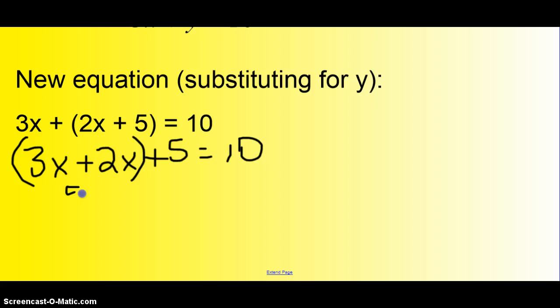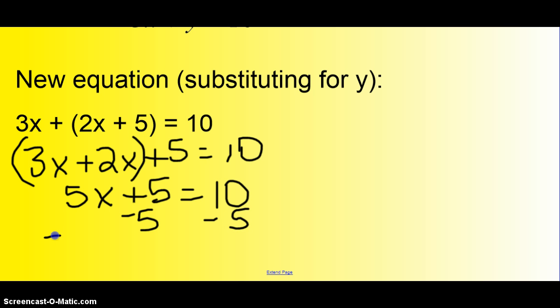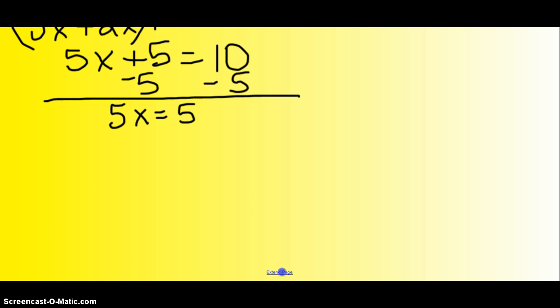Well, 3x plus 2x is 5x. Still have my plus 5 is equal to 10. And then, moving my number to the other side, I now have 5x is equal to 5, dividing by 5, end up with x is equal to 1.